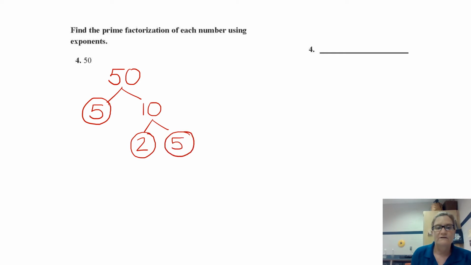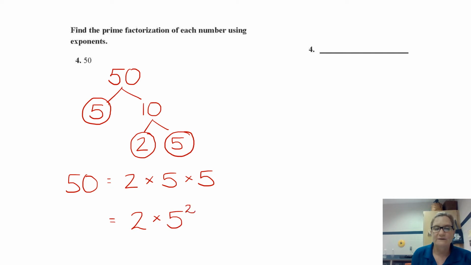So 50 equals 2 times 5 times 5. And that would actually equal 2 times 5 to the second power. So our answer is 2 times 5 to the second power.